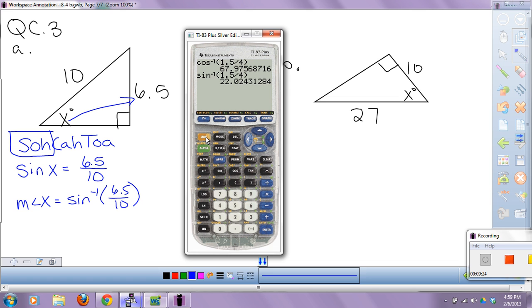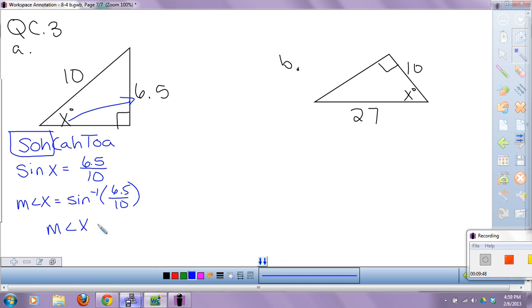So second sine 6 5/10 divided by 10. And we get 40 5/10 degrees. And it looks like our direction said to round to the nearest degree. So the 5 would tell the 4 to go up to 41 degrees. Measure of angle X is 41.